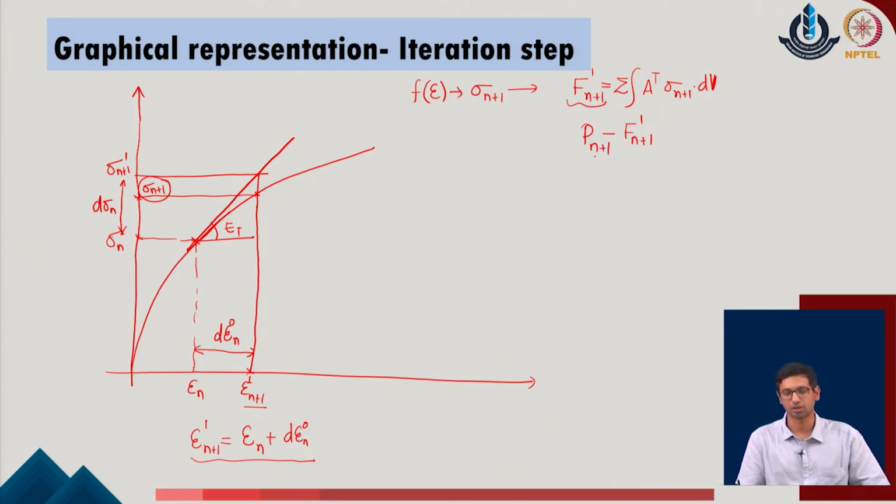So, the difference is p of n plus 1 minus f of n plus 1 with the first iteration. And now, this value should be equated with kT, the tangent stiffness of the given system, which needs to be evaluated with respect to epsilon of n plus 1, also with respect to the first iteration.